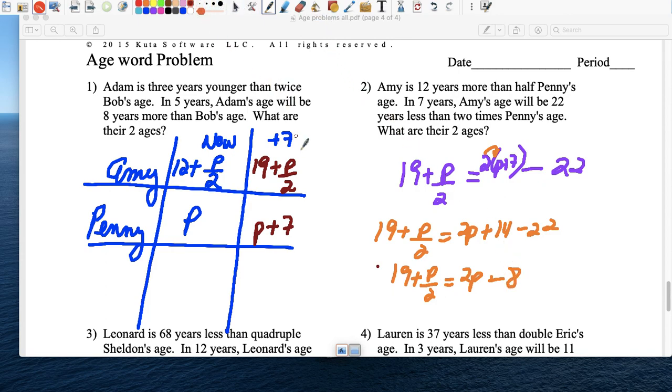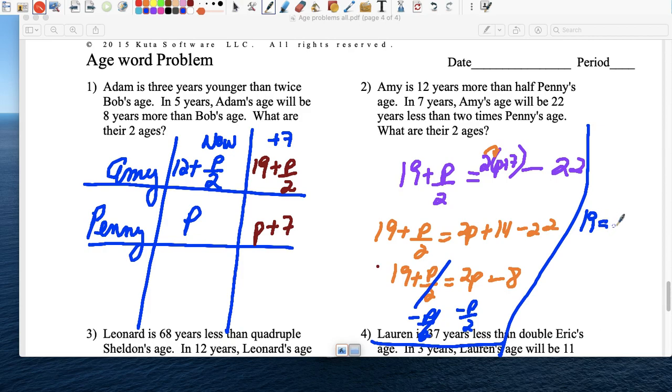We have variables on both sides. Let's get rid of the smaller one. So we're going to get rid of this P over 2, so we can do minus P over 2 on both sides. If we do that, these two go away. I'm left with 19 equals 1.5p minus 8.